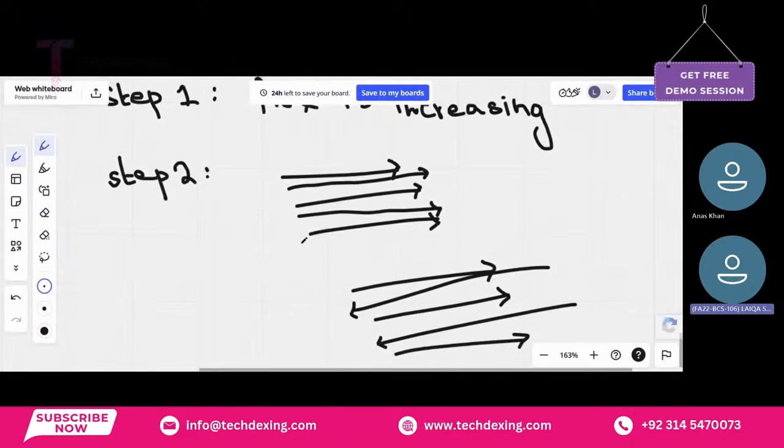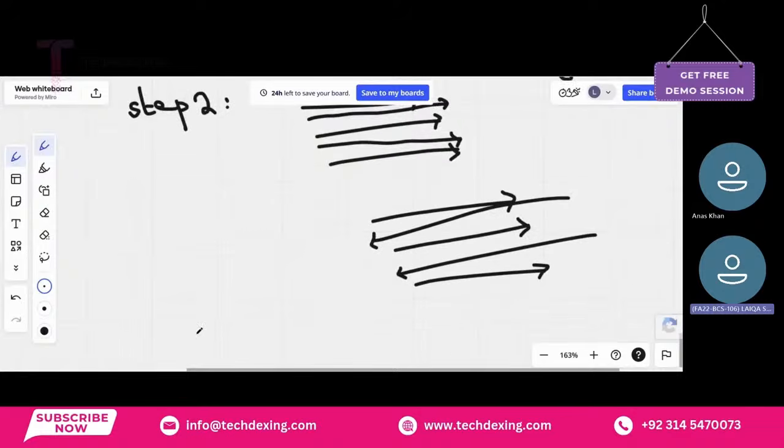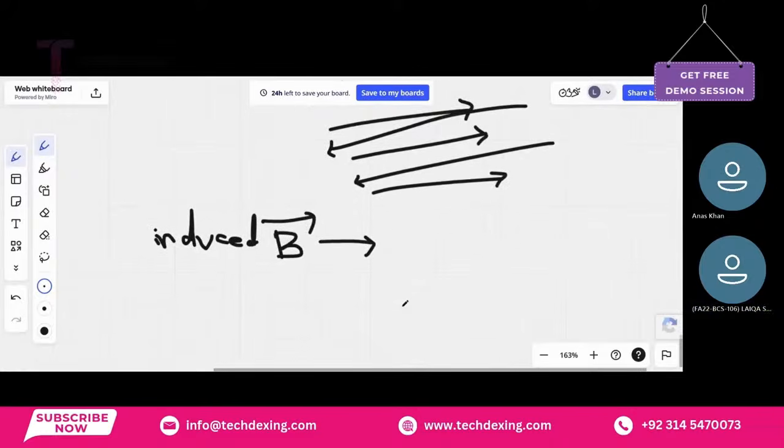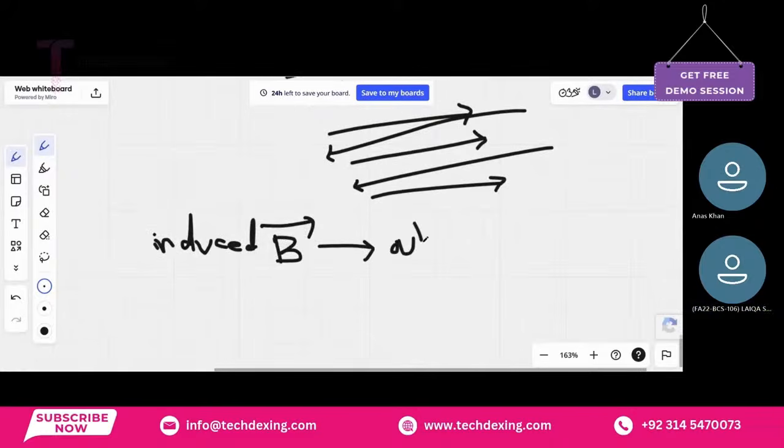Right now it's increasing, so it will create an induced magnetic field which will be out of the page. Now we have the direction for the induced magnetic field.